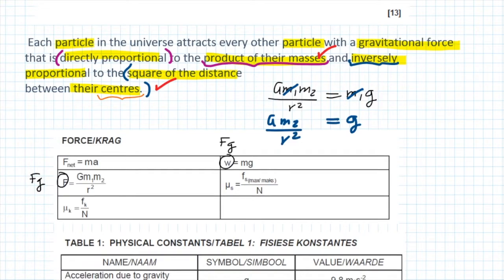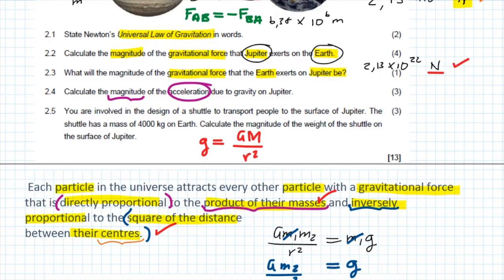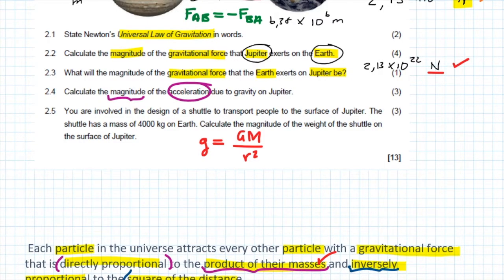In other words, if we would like to calculate the gravitational acceleration due to Jupiter, we can simply say g is equal to the gravitational constant multiplied by the mass of Jupiter divided by r squared. So G is a constant.